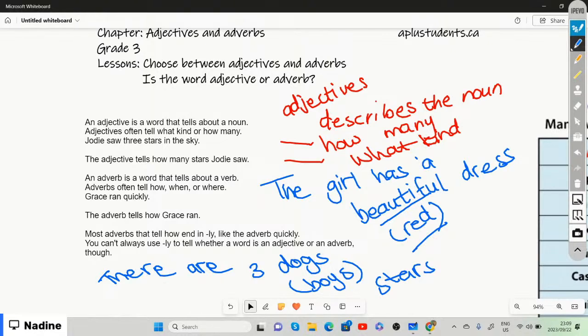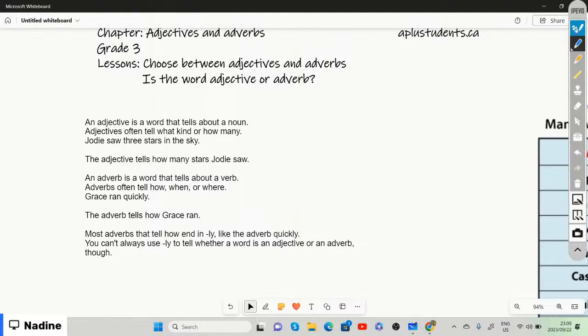It is telling us how many of those things there are. And for example beautiful or red tells us what kind. So an adjective is a word that tells us about a noun, and adjectives tell us what kind and how many, right?